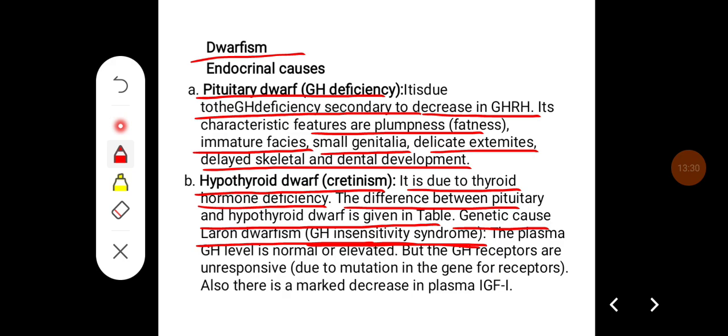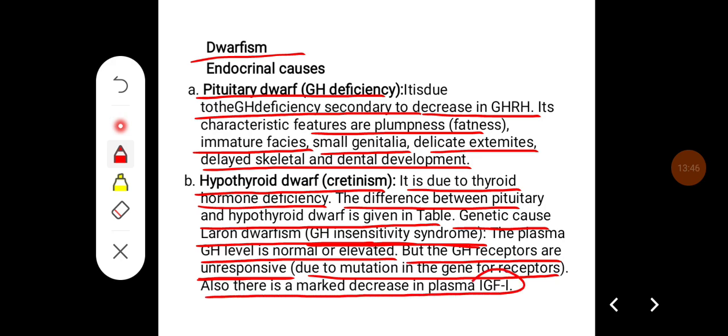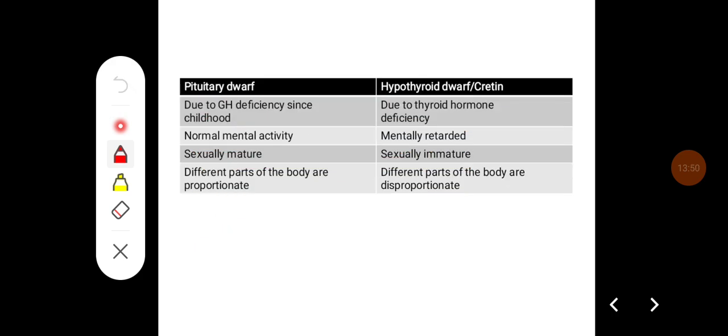Here, the plasma growth hormone levels are normal or elevated, but the growth hormone receptors are unresponsive. This occurs due to a mutation in the gene for the receptors. There is also a marked decrease in the plasma levels of insulin-like growth factor 1 in this condition.